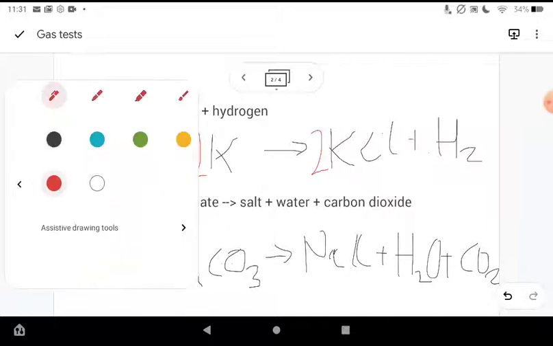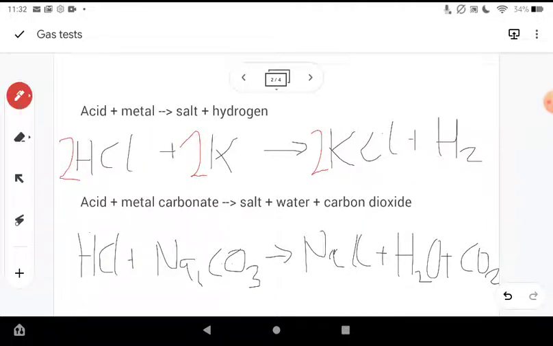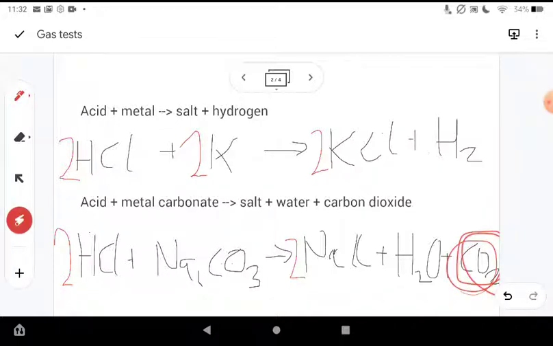Now, balancing that, because we should balance it, that would be a 2 in front of that. That should be a 2 in front of that. And I think that balances it out completely. What we'd be testing for is this, the carbon dioxide over here. And the carbon dioxide is a test where you turn lime water cloudy.